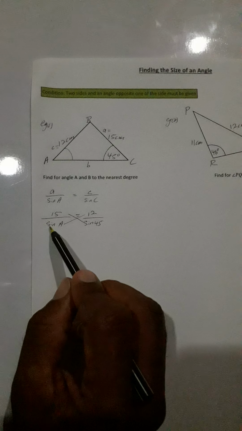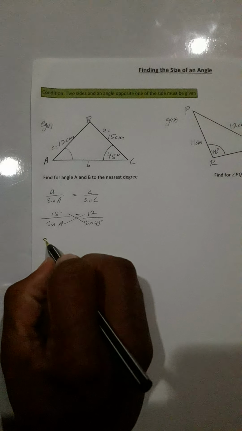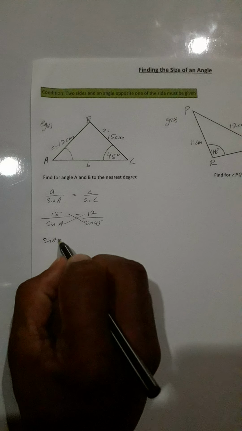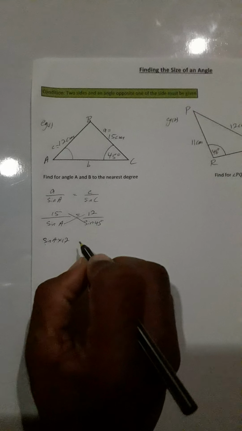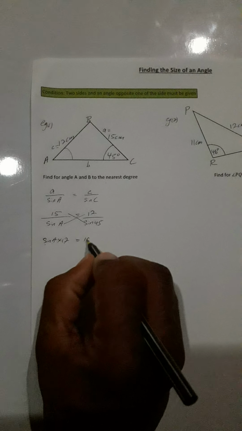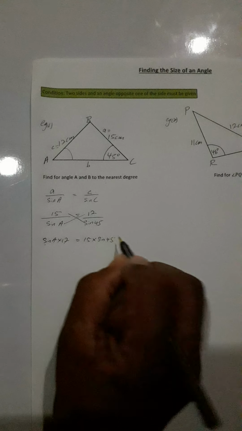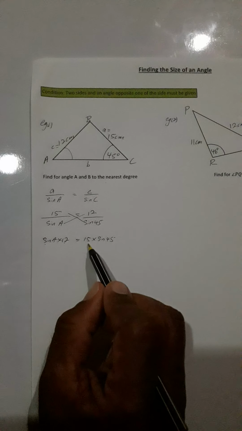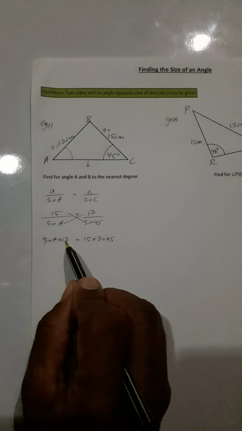Good, so since we want to find sine A, it's best for us to write it on the left hand side, so it will be sine A times 12, or if you want to write 12 times sine A, no problem. And then we have 15 times sine 45. The best thing to do is to write the number in front, but here I just write the number at the back. It doesn't matter.